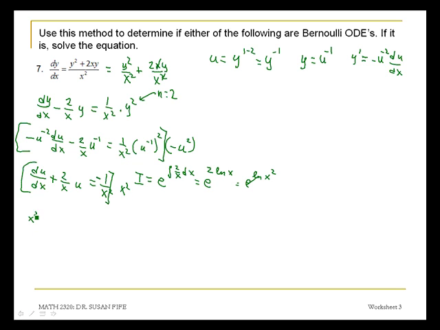to give me x squared du dx plus 2x u equals negative 1. Notice that the left side of the equation can be written as the derivative of x squared u, and then from here we can integrate both sides of the equation with respect to x.